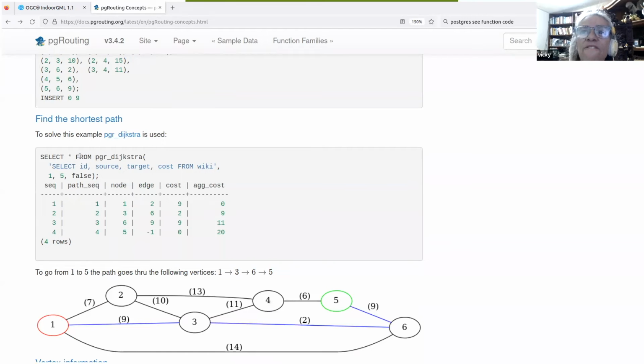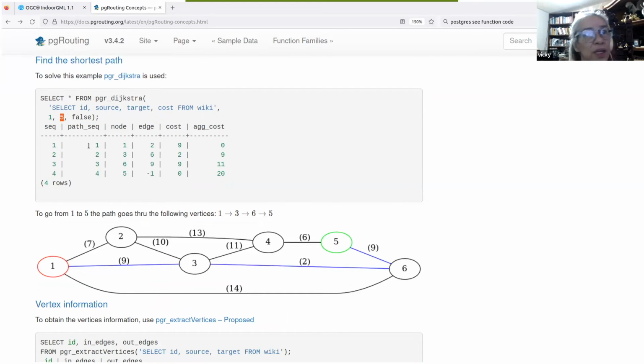And when we find the shortest path, we're going to run a query, and we're going to have the select statement as what we call an inner query. We're going to tell it that we want to find the route from 1 to 5.